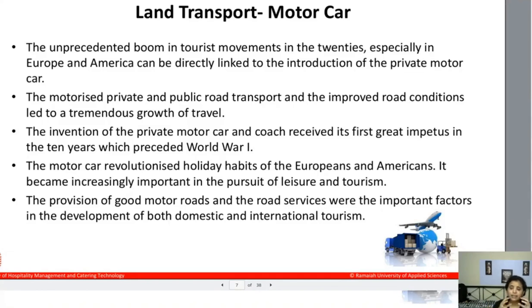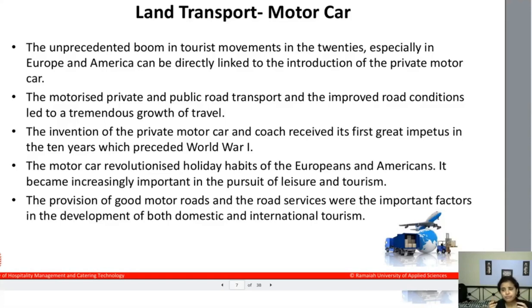Basically, Europeans and Americans developed a habit of holiday through road transport, wherein they did pack-up type of activities for their families on weekends, and they used to have leisure time, which contributed a lot to the tourism industry.